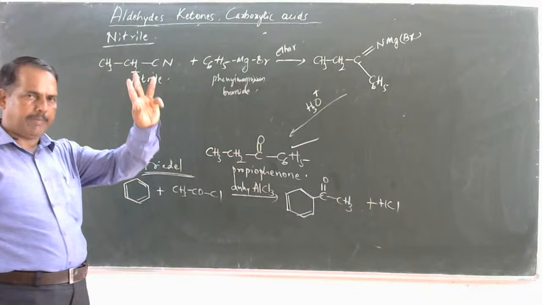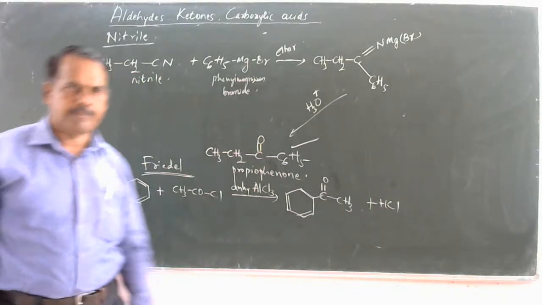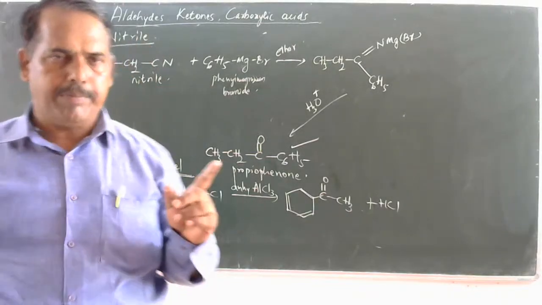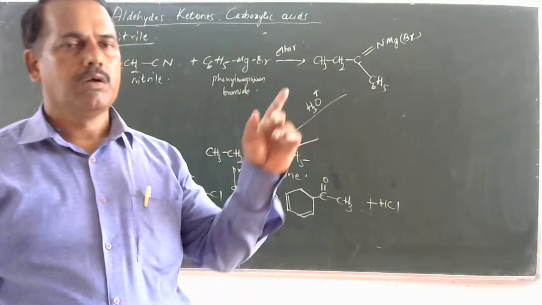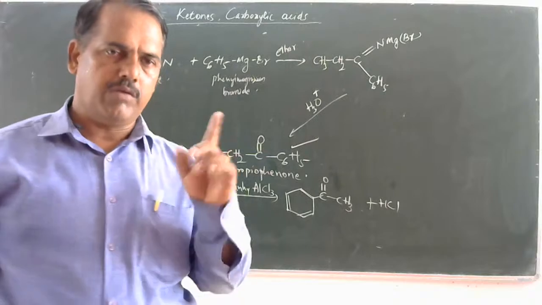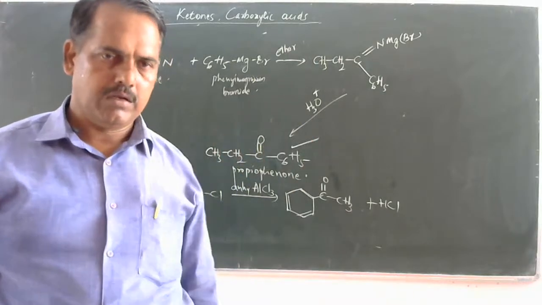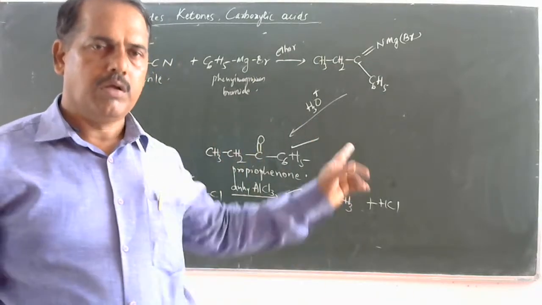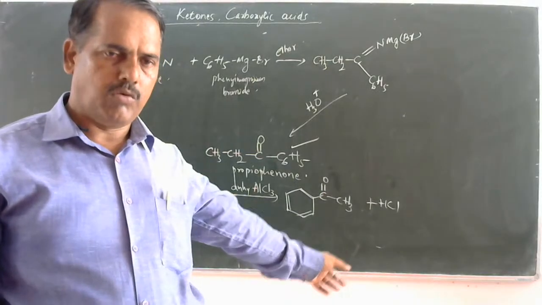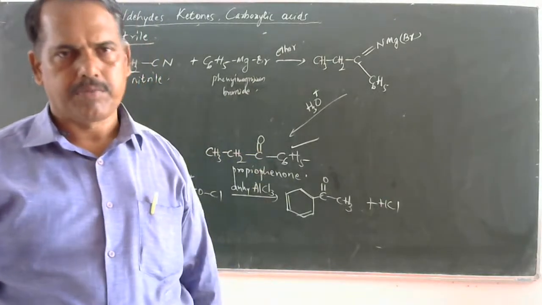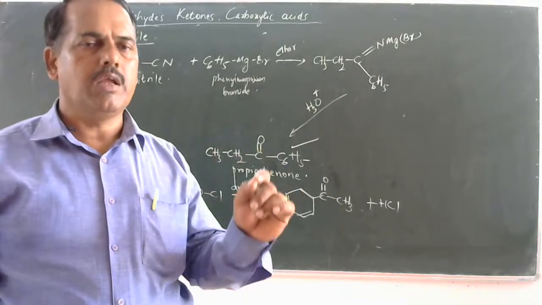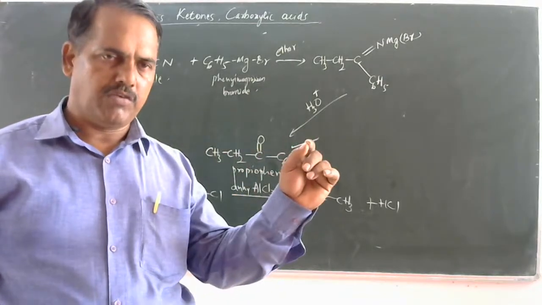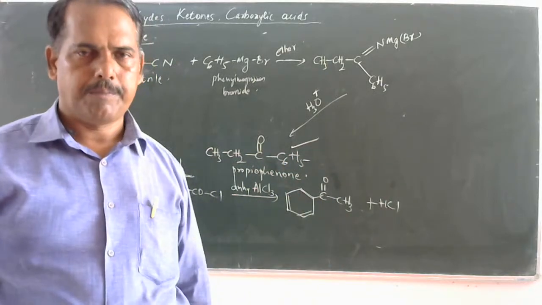So ketone can be prepared by three important methods. The first method is from acyl chloride. Second one is from nitrile. And third one is from benzene, where we get acetophenone. Are you clear? Only three methods are there for the preparation of ketones.